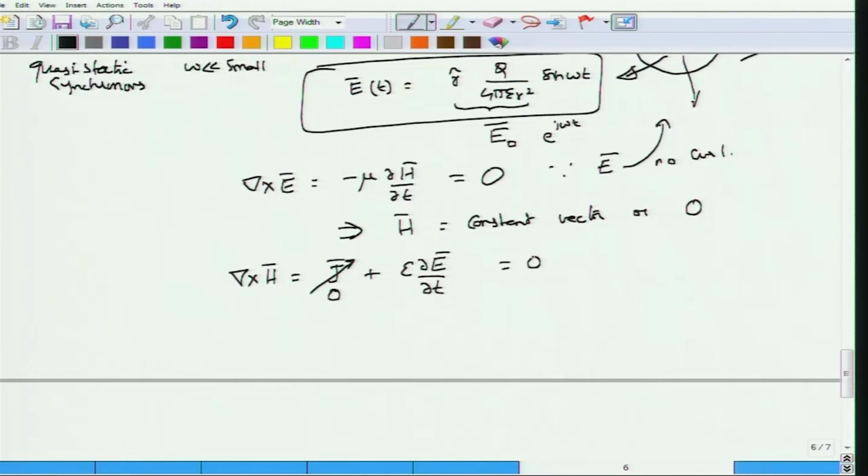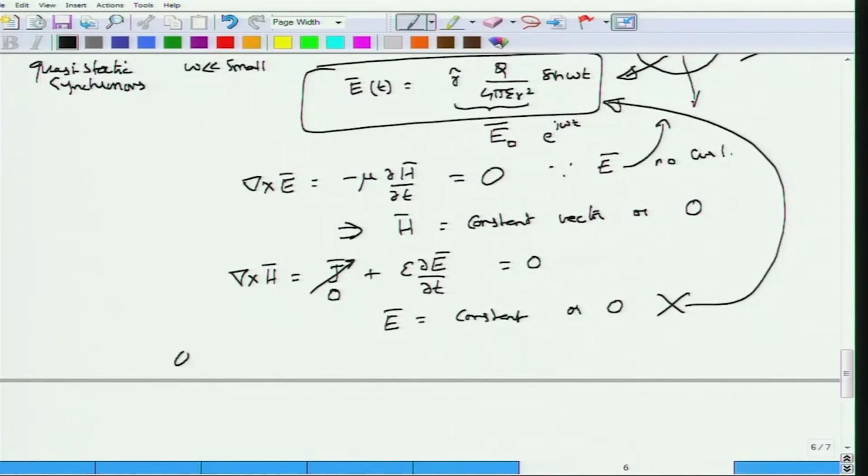This implies that this quantity must be equal to 0. Since epsilon is not 0, the solution is that E must be either constant or 0, neither of which is compatible with the assumed solution. So, the bottom line here is that quasi static solutions are not always solutions in general situations.